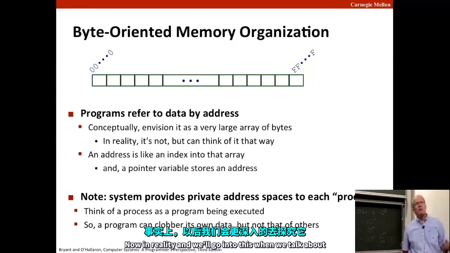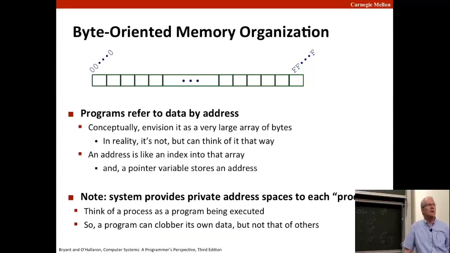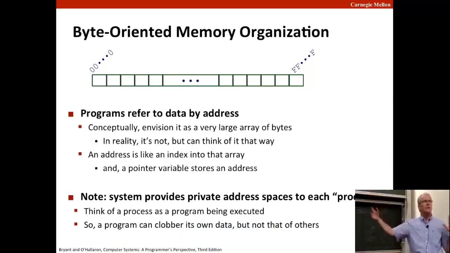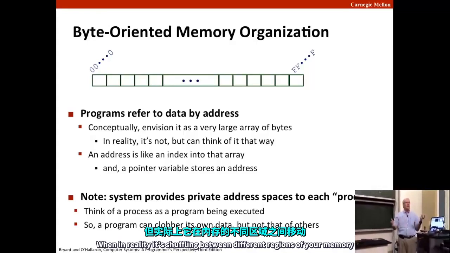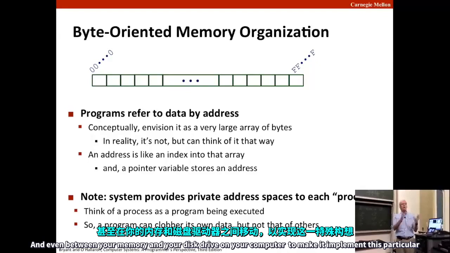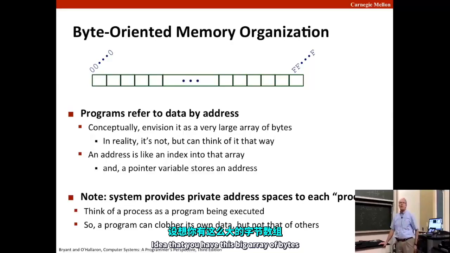Now, in reality, and we'll go into this when we talk about how the memory system works in virtual memory, there's a very complex combination of hardware and software that gives the program this image of a very large flat space, just a big array of bytes, when in reality it's shuffling between different regions of your memory and even between your memory and your disk drive to implement this idea that you have this big array of bytes.